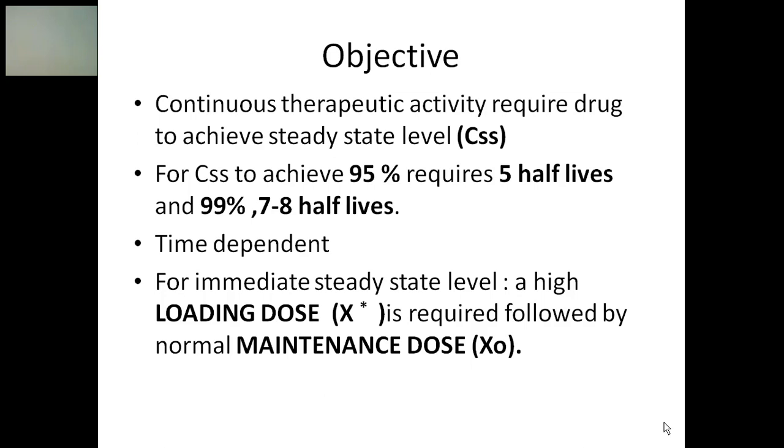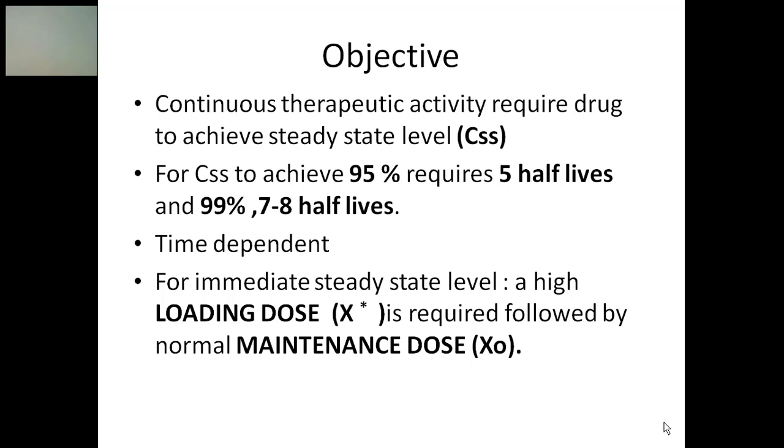In general, our discussion will be based on IV bolus. For example, if we are giving the dosing interval equal to the half-life in the case of IV bolus, it is found that the loading dose is twice the maintenance dose. That means if we are prescribing a dose of a drug at an interval equal to its half-life, we have to give twice the normal dose as a loading dose.